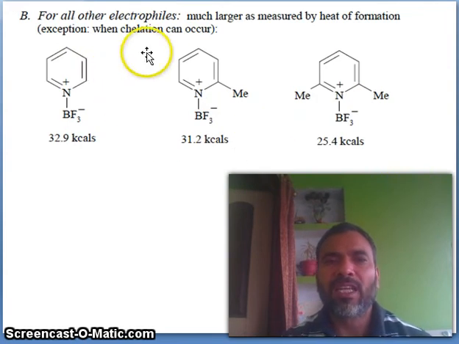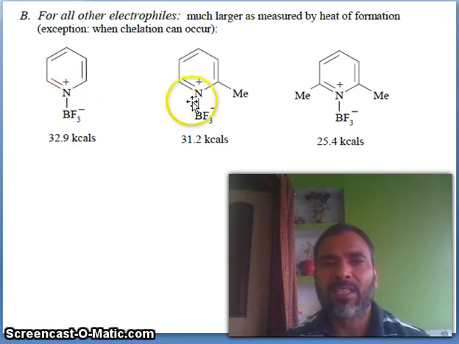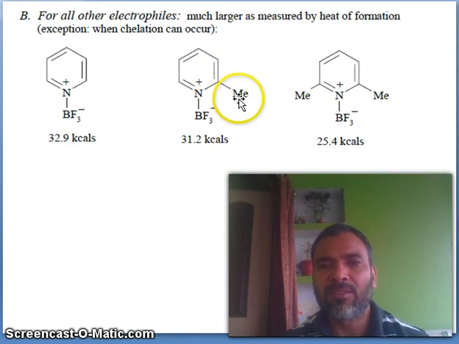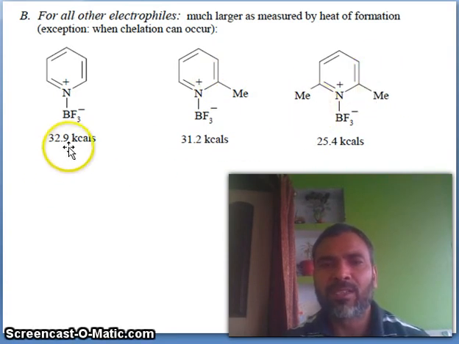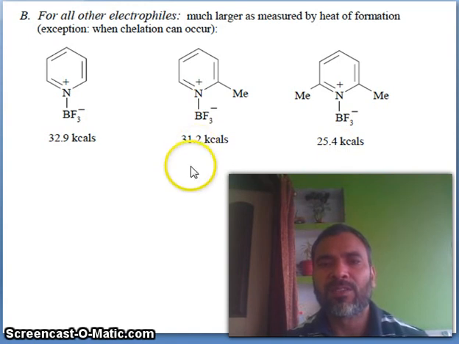For all other electrophiles, the effect is much larger as measured by heat of formation, except when chelation can occur. You see, this is BF3, N+, BF3. Now there is a substituent on both sides of the nitrogen. So here is more, here is less, in kilocalories. Here in between.